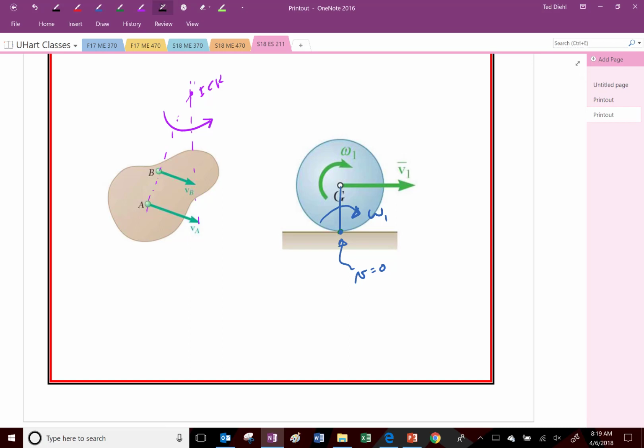As soon as you find a point where you want to find the velocity, all you have to do is use the geometry. You just need to find this r, RA with respect to ICR, which is sometimes called C for some reason. This would be VA with respect to C, which is the ICR.